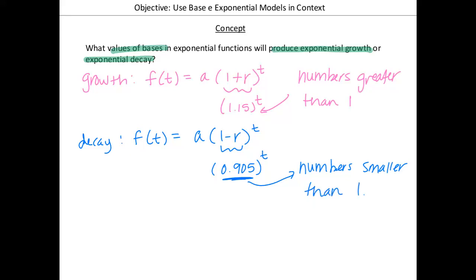I verbally talked about it yesterday, but I don't think I explicitly ever wrote it down. So if the number inside the parentheses is greater than 1, then that means it's exponential growth. If my base inside the parentheses is less than 1, then that means it's exponential decay. So it's actually getting smaller.